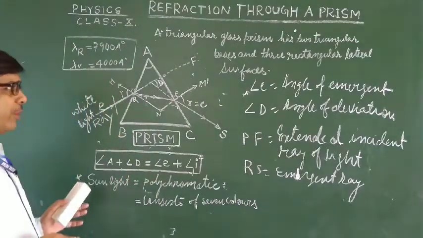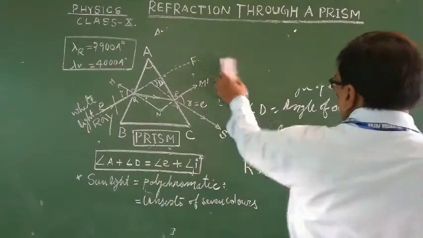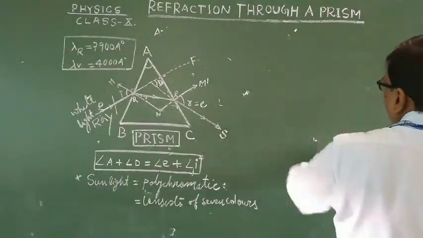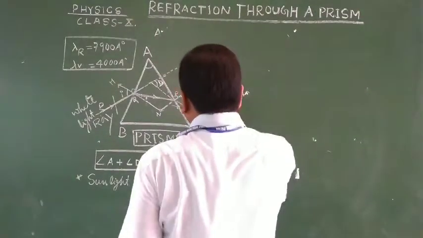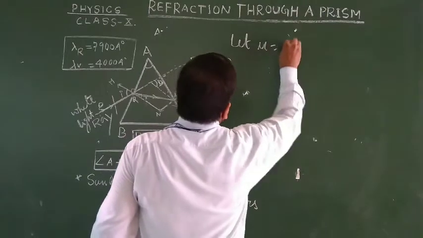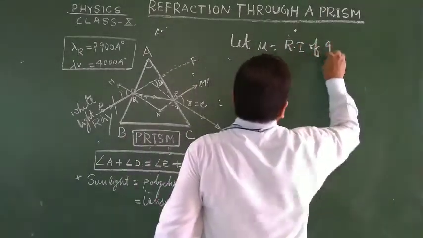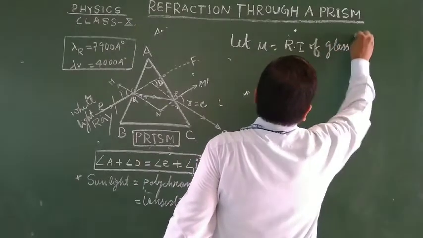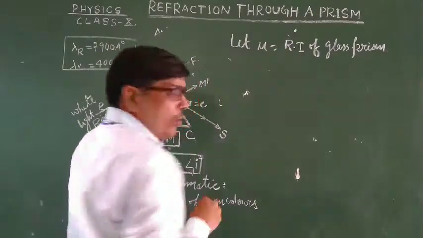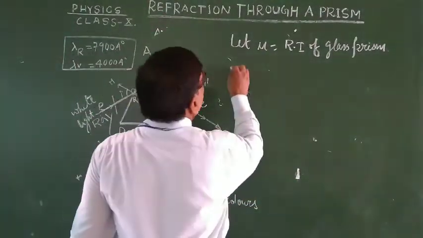One more important formula which we can write, in higher classes I think, let mu be the refractive index of the glass prism.